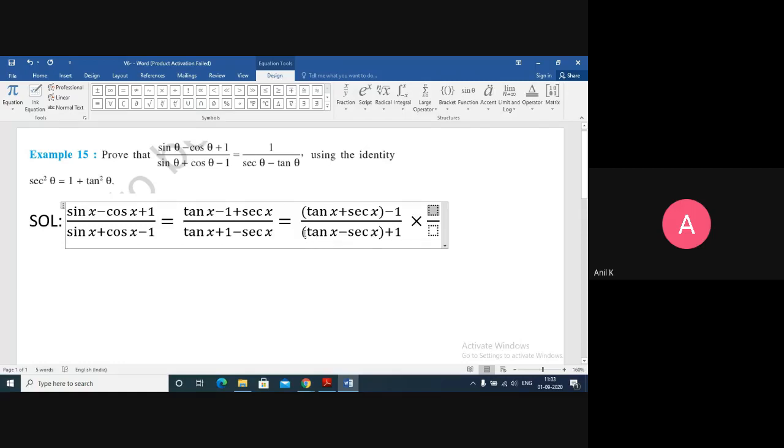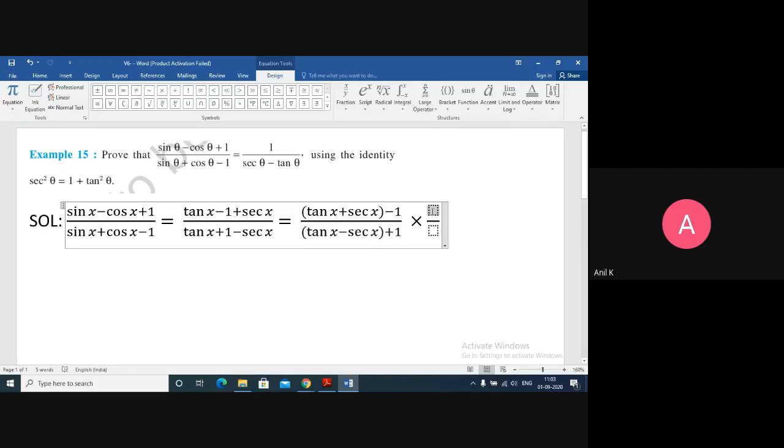Okay, rationalization. What I do is I'll take this tan x minus sec x, which I kept in the bracket, as a, and plus 1 as b. If I have a plus b, my rationalization will be a minus b upon a minus b. I have to multiply and divide with a minus b. Is that right for rationalization?